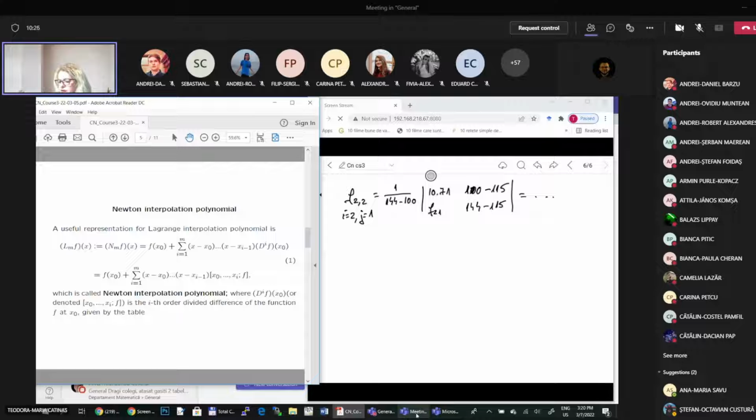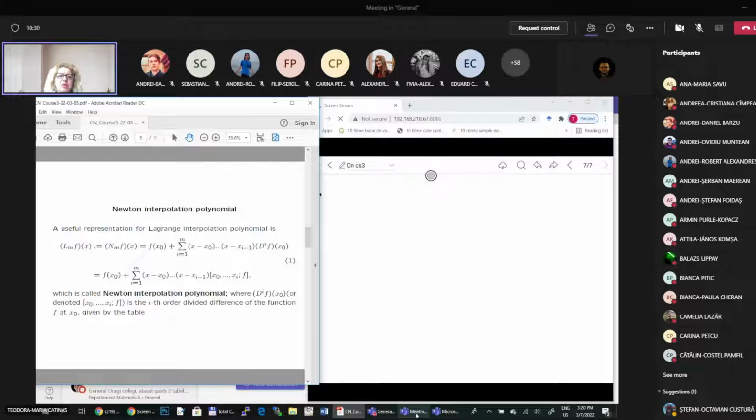The following algorithm gives a form of the polynomial with respect to divided differences. You will see that we will use a lot of divided differences for this chapter of approximating functions. This form is called Newton's form.